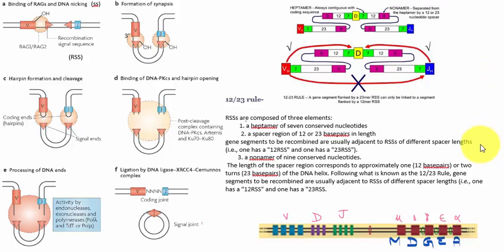In the constant region, as I have marked, 5 genes are present for 5 individual immunoglobulins. The circles I have marked are the potential recombination sites. What does it mean? That means the recombination should occur in this particular area.